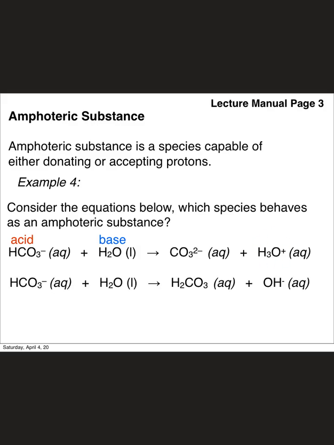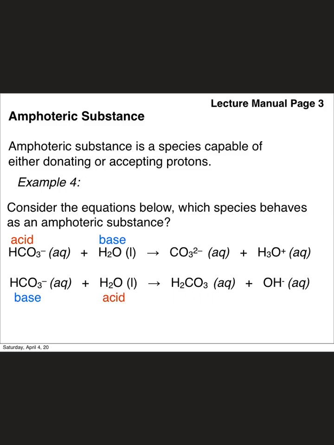Now let's take a look at equation 2. Same thing here, we start with bicarbonate and water, but the difference is that the products are not the same. The product of the second reaction is that you end up with carbonic acid and hydroxide ion. In this case, bicarbonate behaves as a base because bicarbonate gains a proton from water to become carbonic acid.